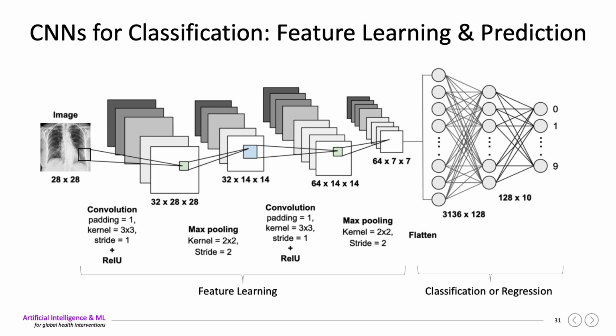CNNs remain foundational, even as vision transformers have emerged as the more common computer vision architectures today. Thus, understanding convolution and CNNs is essential before moving on to other topics in this series of lectures.